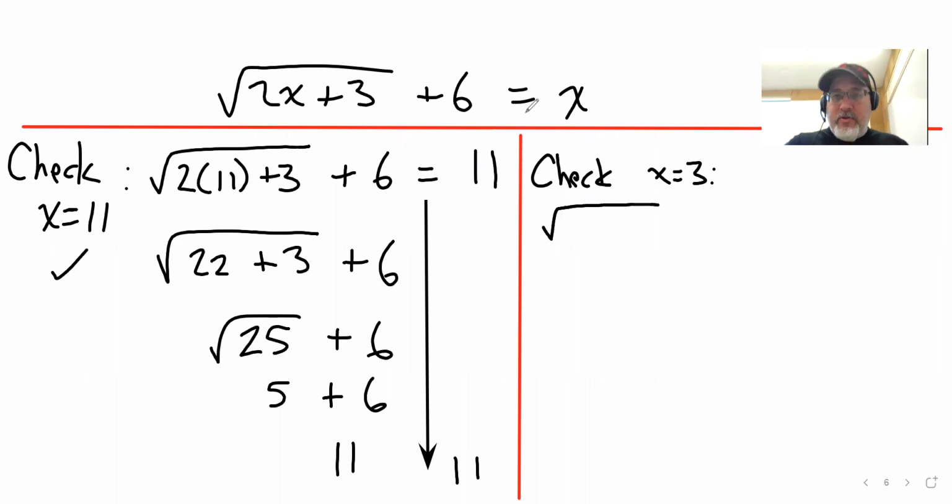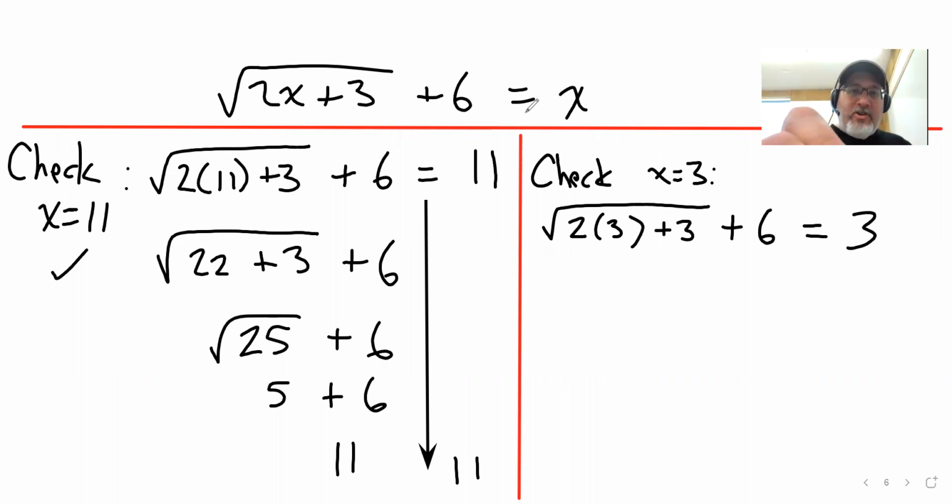The square root of 2 times 3 plus 3 under the square root plus 6 outside the square root is equal to, and remember we're checking x equals 3, so the right side of the equation will become 3. And now we just have to check to see if the left side will equal 3 because the right side is already equal to 3.